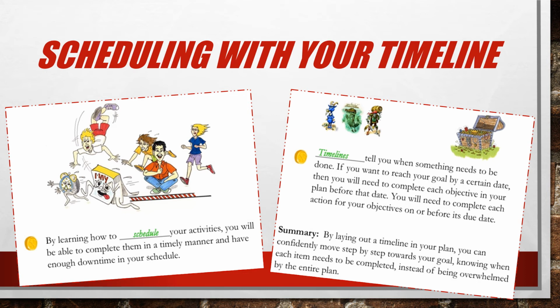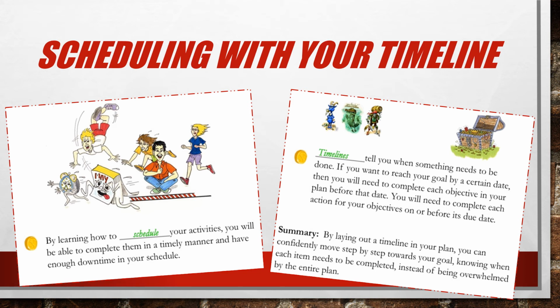So overall, your summary is: by laying out a timeline in your plan, you can confidently move step by step toward your goal, knowing when each item needs to be completed instead of being overwhelmed by the entire plan. There are many times that we look at our big goal, or the entire plan, and it can be so overwhelming. You think, I'm never going to get to this, or I'm never going to achieve this.